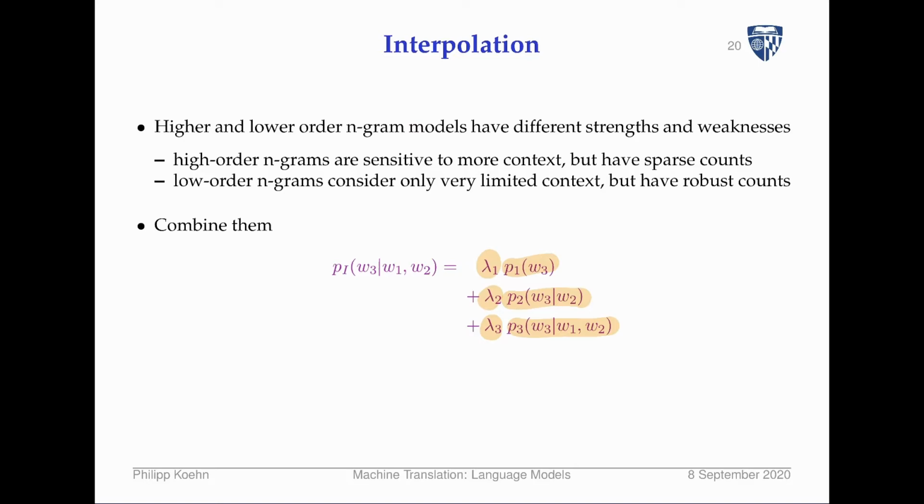They have to add up to 1 to make this a proper probability distribution, and that's our interpolated language model for a trigram. In our case with the beer drinkers, here we still consider Scottish beer drinkers, here we only consider beer drinkers, and here we're only looking at drinkers.